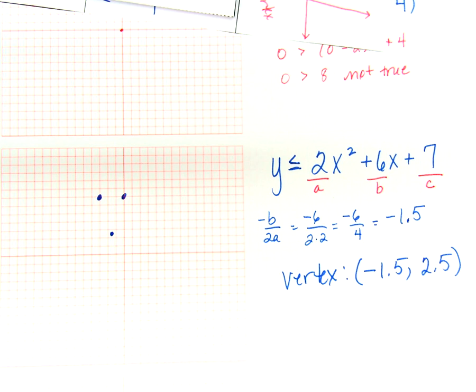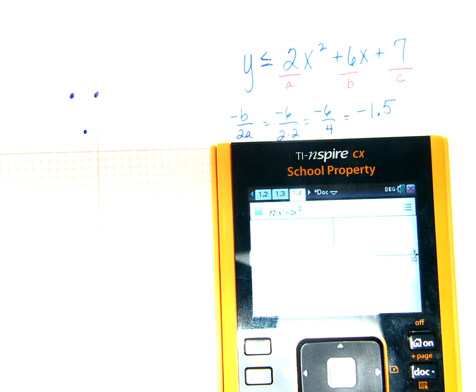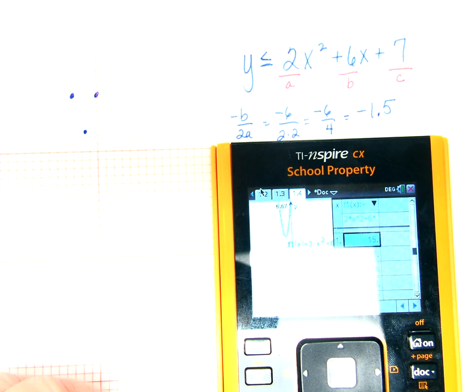But that's only one option that I need you to be aware of. Okay? If you forget that, another option is to let our friendly neighborhood calculator help us out. Go to a calculator page, a graph page, put in 2x squared plus 6x plus 7, and go to the table. Control T takes me to the table.